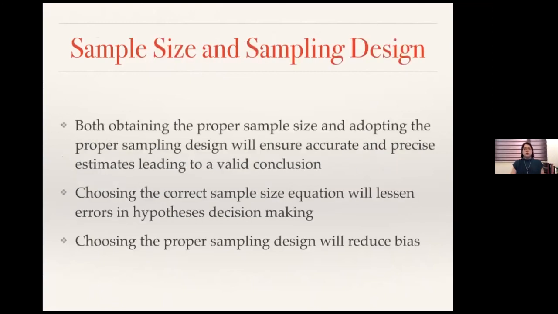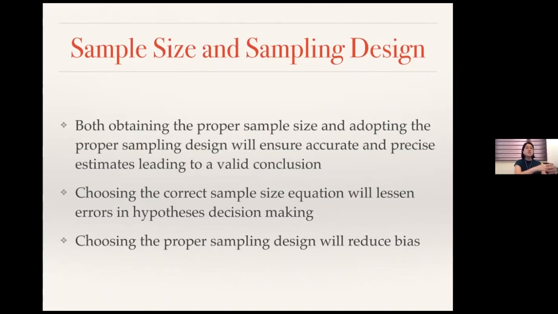So to summarize, both obtaining the proper sample size and adopting the proper sampling design will definitely ensure more accurate and more precise estimates, leading to a valid conclusion. So choosing the correct sample size equation will lessen errors in hypothesis decision making. For example, if you're doing case control, syempre you have to know how many cases and how many controls you want, diba? So you cannot use the equation for population size. Kasi yung population size mo gives only one number.